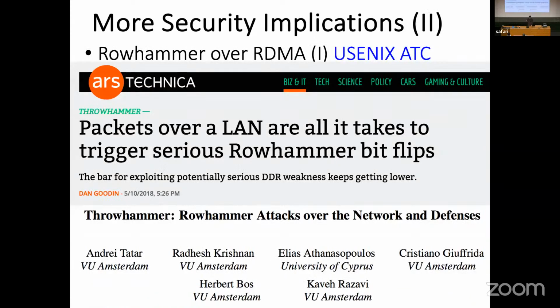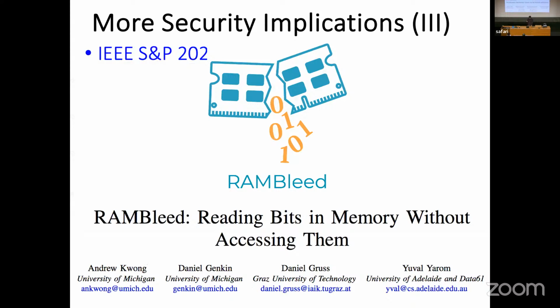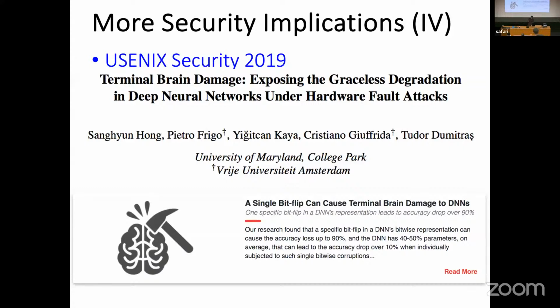You can do it remotely using RDMA. You can even use the characteristics of RowHammer bitflips, not to control the system, but to infer the data values stored in the memory locations that you don't have access to. Some recent works even investigate the implications of bitflips on deep neural networks, and they show that if you're able to flip just one bit in the weights, then you can cause detrimental performance degradation in some vision tasks.